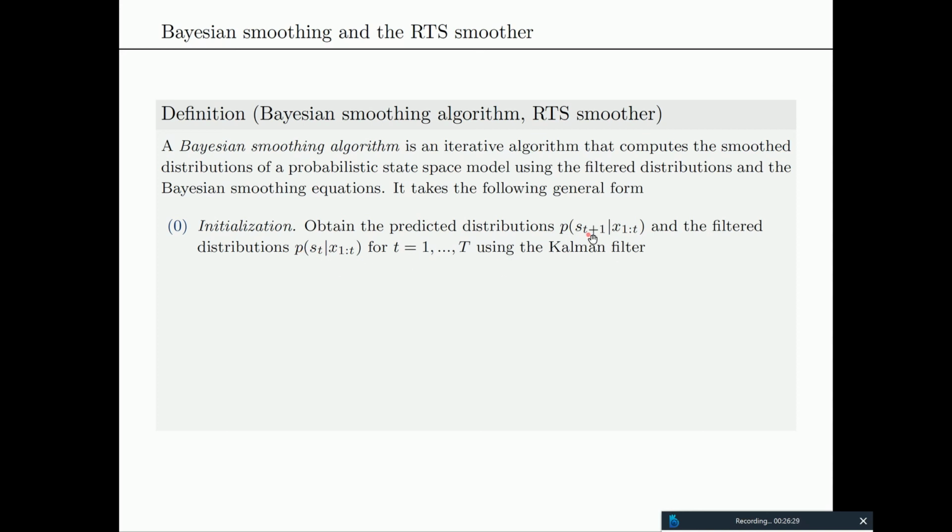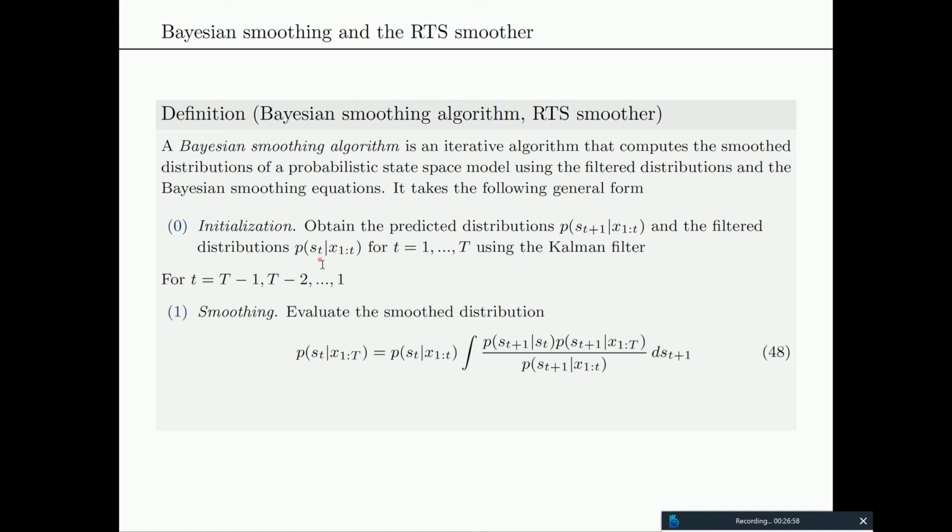So you need the distribution of s_{t+1} given x_1 to t, which we computed already in the Kalman filter, and we need the filtered distributions from the Kalman filter. So if you want to do smoothing, you first let the Kalman filter run, then take the parameters you get from the Kalman filter and put them into the smoother. And then you evaluate the smooth distributions using the smoothing equation.